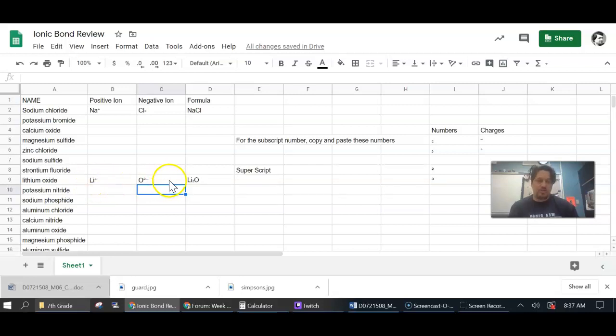Oxygen has 2 extra. We need to make that 2 and the 1 equal each other. For this ionic bond to work out, oxygen needs 2 electrons, so it's going to take 2 from lithium, but it can't take 2 from lithium. So instead we'll have 2 lithium atoms.